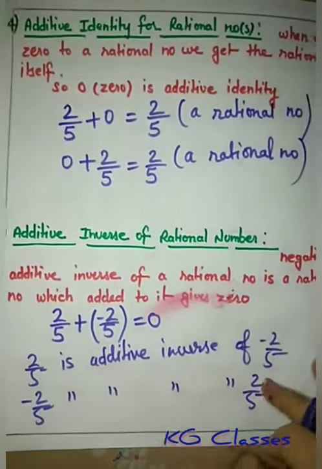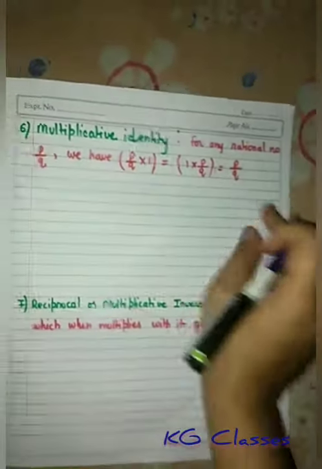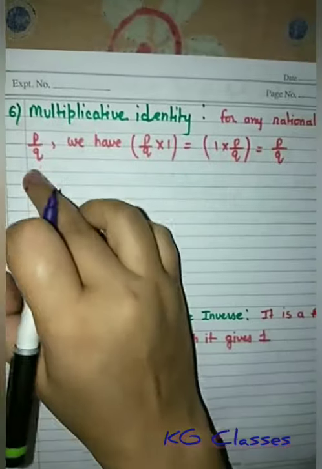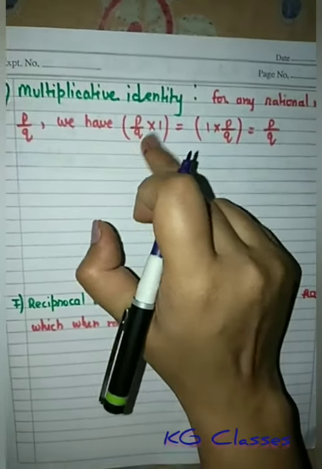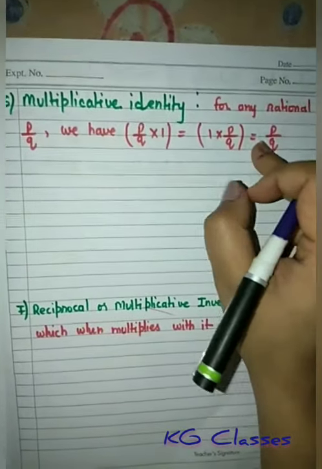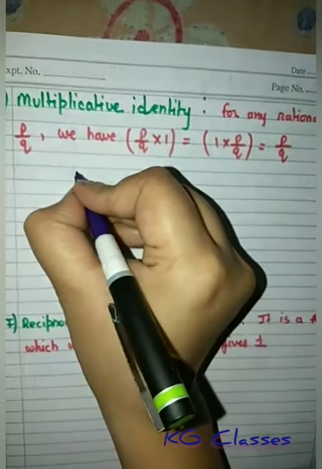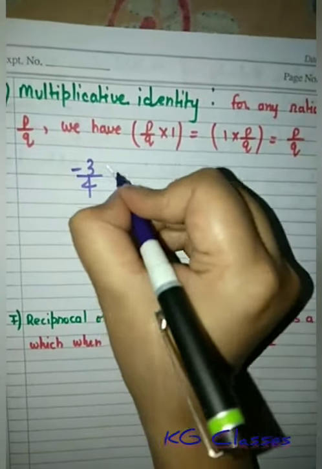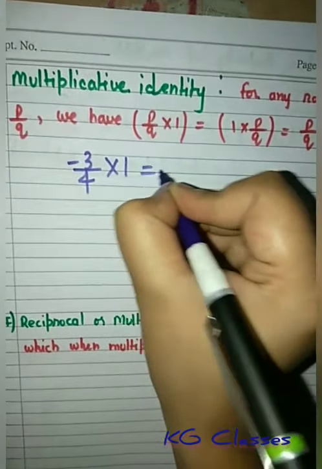So it is clear. Next property is multiplicative identity. For any rational number p upon q, we have p upon q multiplied by 1 is equal to the rational number itself. So let's take an example. If we have a rational number minus 3 by 4, if we multiply it by 1, what will we get?